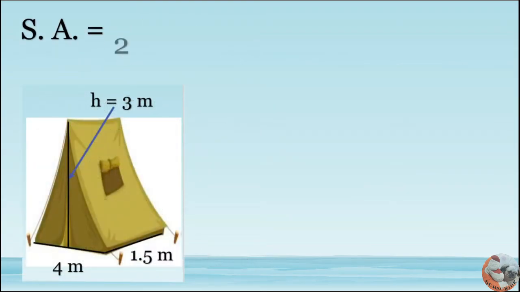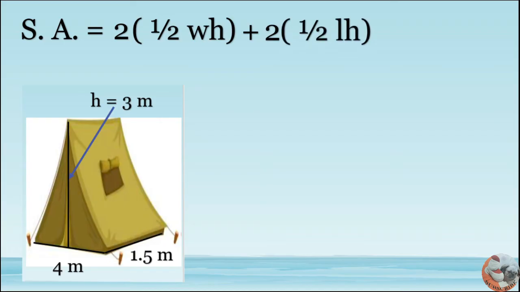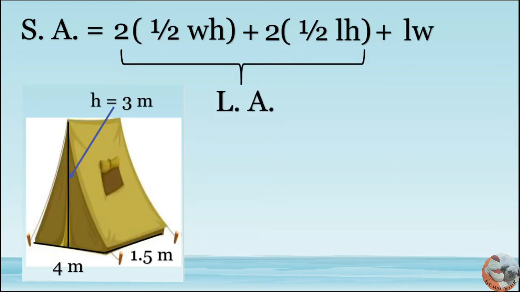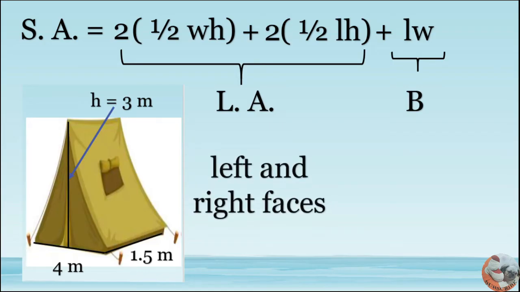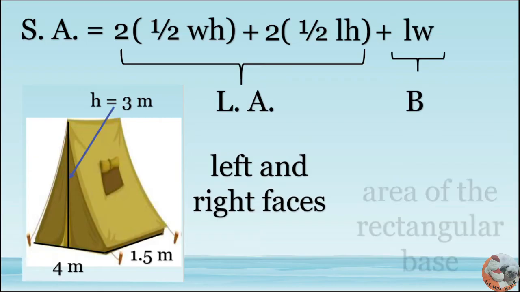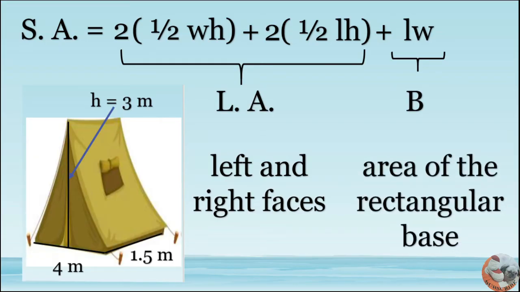Surface area is equal to 2 times 1/2 WH plus 2 times 1/2 LH plus LW. This represents the formula of the lateral area, and this is the formula of the base. Lateral area is the left and right faces, while B is the area of the rectangular base.